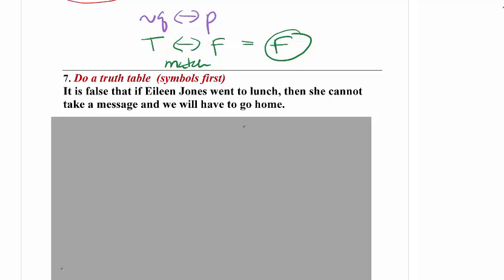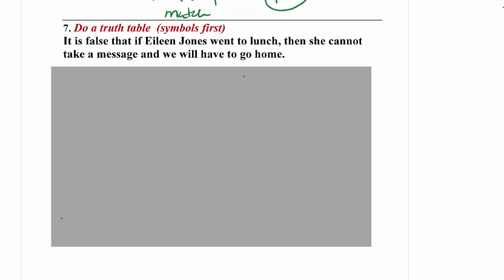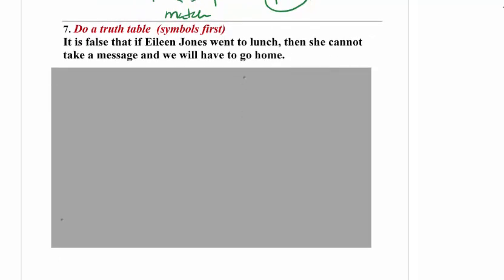So the last one for this section, I want you to practice on. I want you to take this in words, write it in symbols first, then go to your truth table. Pause this, try to do the whole design, and if you make a mistake, you make a mistake. Try to see if you can do the whole design before you listen to me talk.